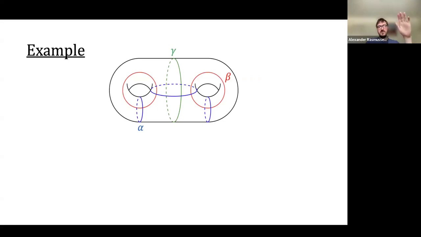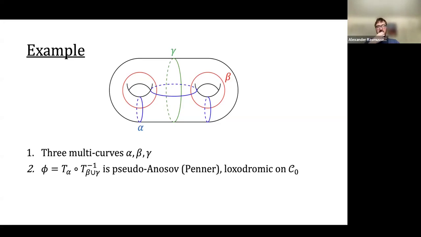And finally, just to bring things back down to earth for a moment, let's give some examples of mapping classes that do or do not act loxodromically on this graph. In this picture, we have three multicurves, alpha, beta, and gamma. You can construct pseudo-Anosovs out of these using Penner's construction. We do the left Dehn twist on alpha composed with the right Dehn twist on beta union gamma.